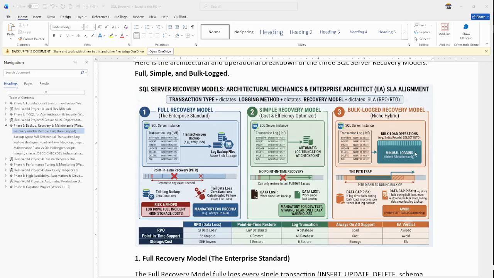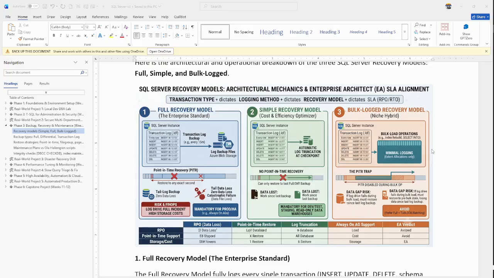Let's say you want to switch the database from full to bulk logged before a massive overnight ETL load. ETL we have already discussed, right? Extraction, transform, and load. And it will switch back to full afterward. So that is when you will be using this type of recovery model.